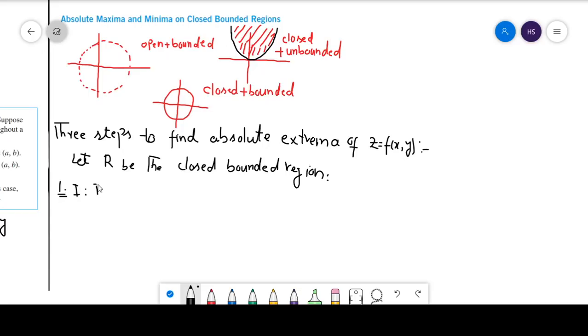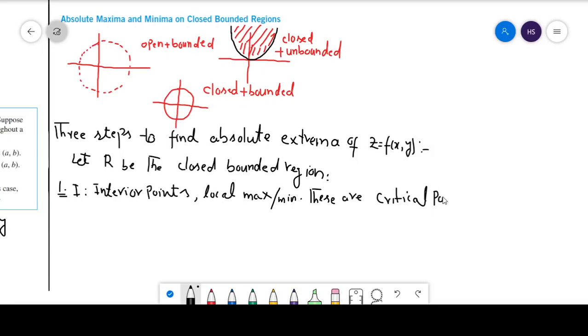That will include local max or min. These are actually critical points.